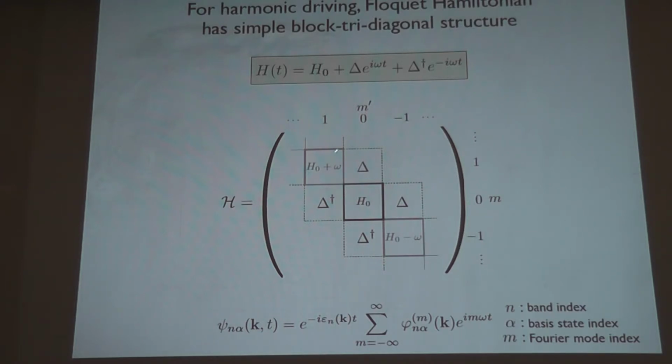And then the off-diagonal blocks are just related to the coupling. This term here with frequency in it, if we think about the Fourier transform that we did a second ago, any term which had e to the i omega t can change my harmonic by 1. So that's what jumps me between the blocks. Okay, so is this structure okay? Good.